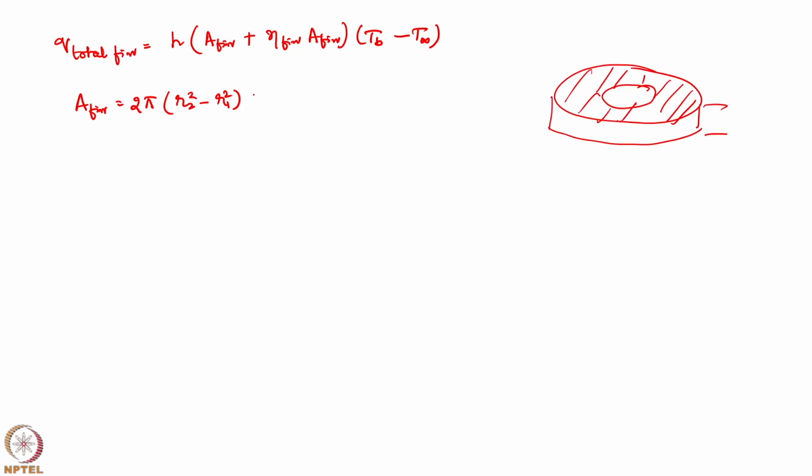So you have 2 pi (R2 squared minus R1 squared) plus 2 pi R2 into T, this is the thickness T.